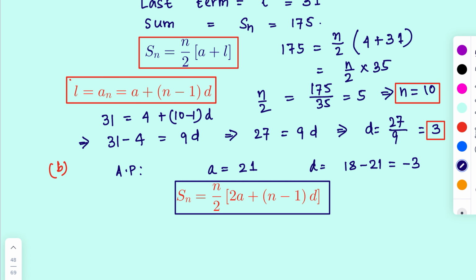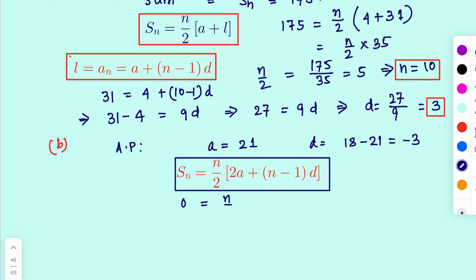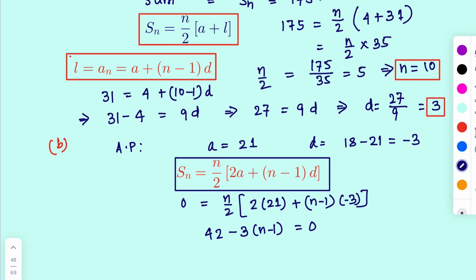If we write Sn is equal to 0, that will be equal to n by 2 into 2 times a, 2 times 21, plus n minus 1 into d is minus 3. So we can write, if we multiply here by 2 by n, that is equal to 0. So we can write 42 minus 3 times n minus 1 is equal to 0.